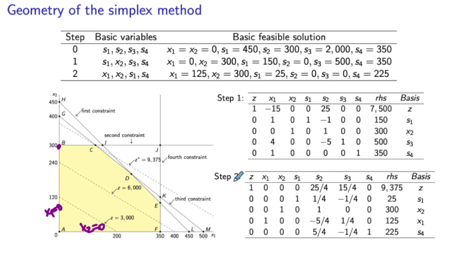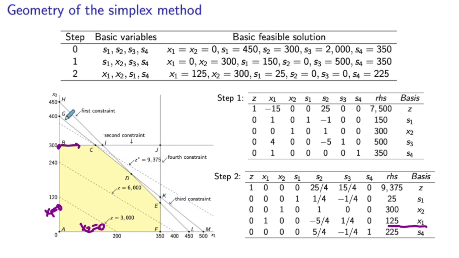Then after that, at step 2, we see that our entering variable is x1. So the x1 value increases from 0 to 125, and this corresponds to moving along this line towards the point C, okay? And then the extent of our move is bounded by the constraint given here, so the third constraint.